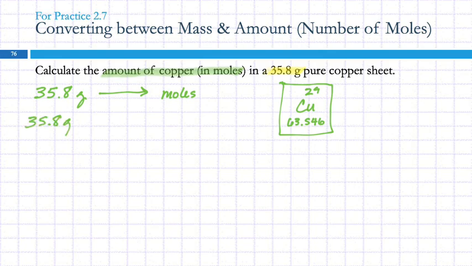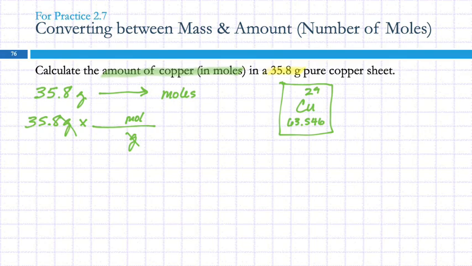So 35.8 grams, one arrow, one fraction. This is the path, grams to moles. So that's going to go on the top of all of my fractions, grams to moles. And then I need this unit to go away, so I'm going to divide by that unit so they cancel out.